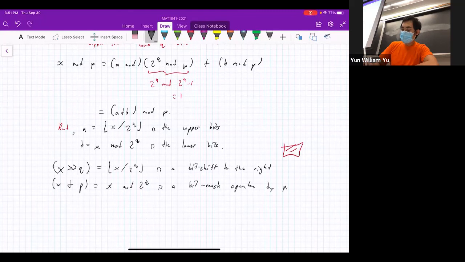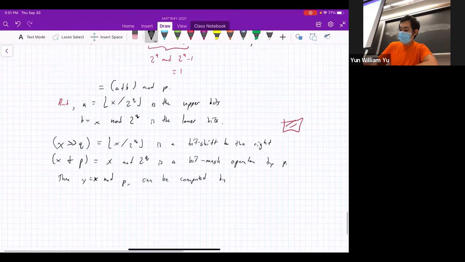So then, in order to compute y equal to x mod p, it can be computed by the algorithm. You first store into y, x mask p plus this bit shift.